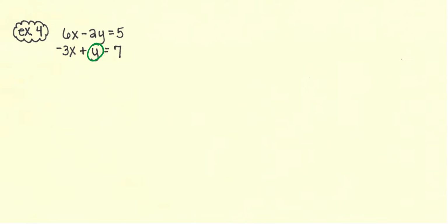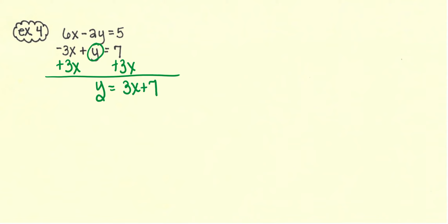It's all by itself. So therefore, I'm going to add the 3x over. So y is equal to 3x plus 7. And we are going to take that and substitute it into the other expression.